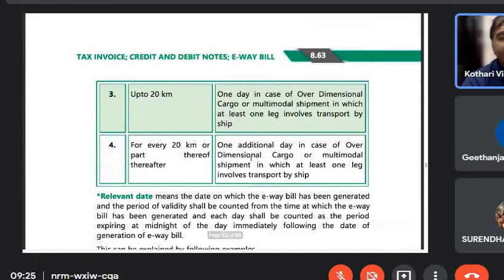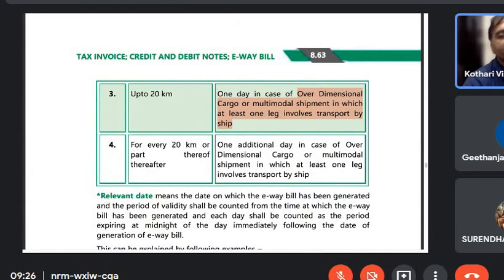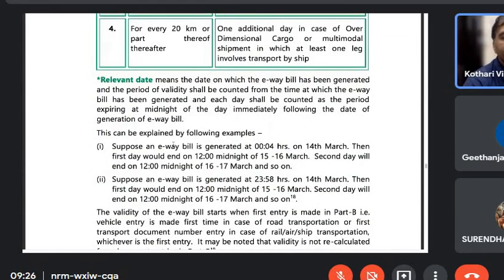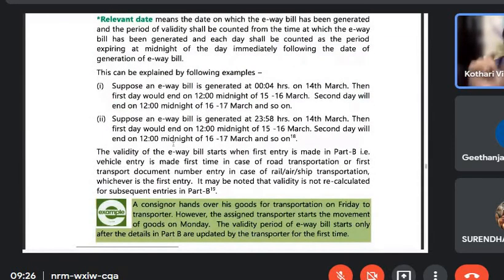And in case of over-dimensional cargo or a shipment where one leg of movement is by ship, then it is up to 20 kilometers. And for every 20 kilometers per day, they are giving you the validity. And the validity starts from when? Say for example, now the time is 9:30.